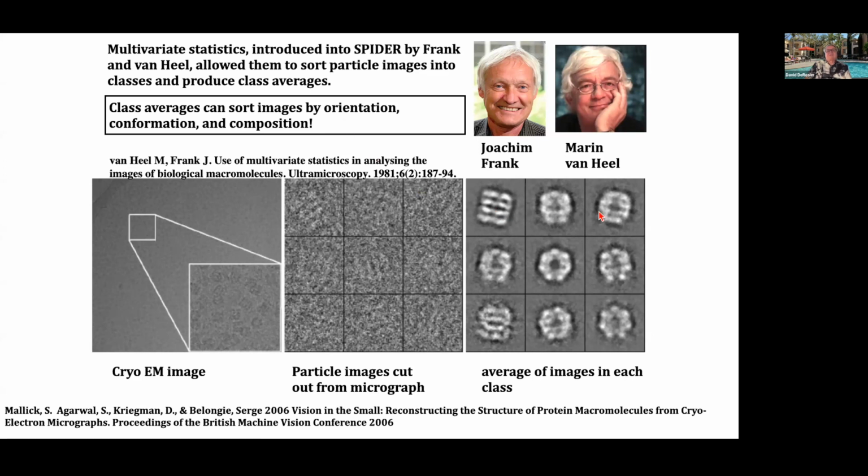And you can produce these class averages out of a field of particles shown here. This is a very important step. It is used today. It is always the beginning place for any structural study that I can think of when you have a field of single particles.